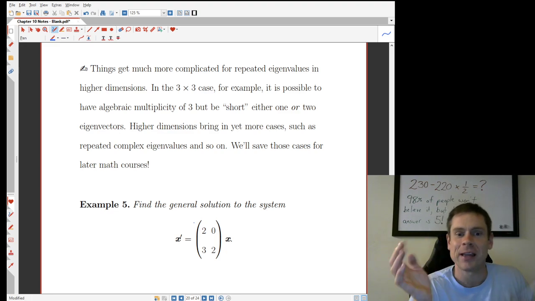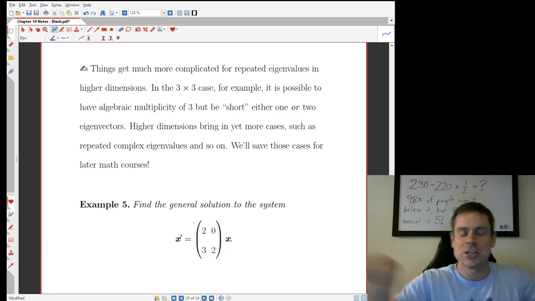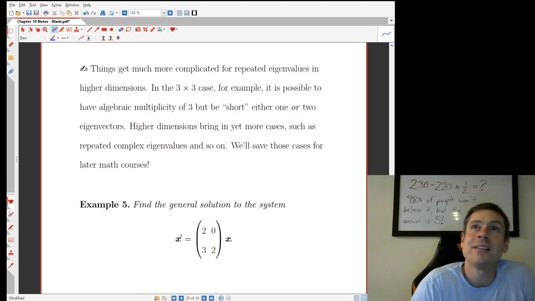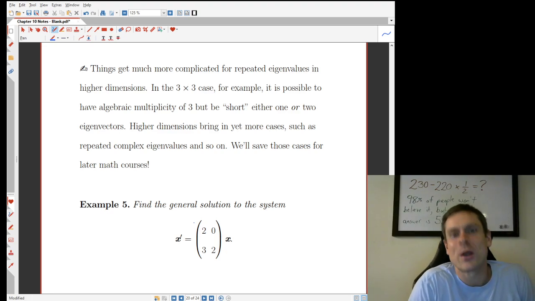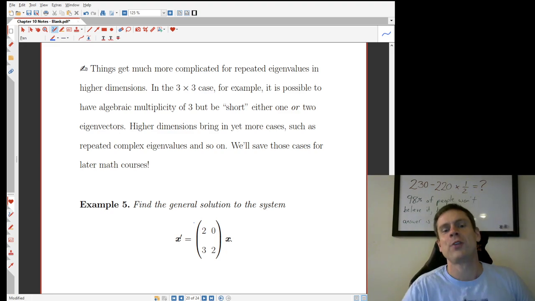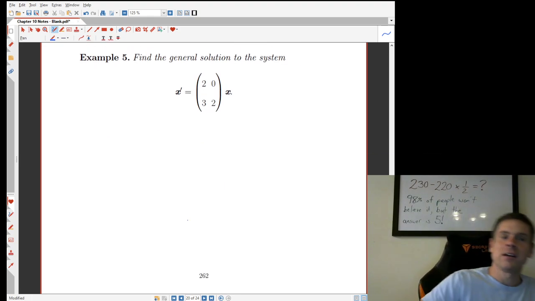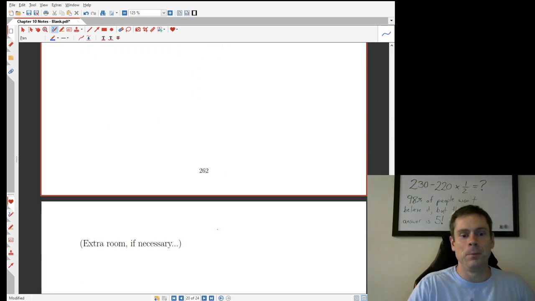And in that you get some sort of a t squared e to the t term, but it's in combination with other things and so on. I've had some extension questions in the past that have explored this a little bit simply by considering a system of equations and getting students to write out some things and figuring it out. And it's been kind of cool to explore some of that stuff. But for now, we'll concentrate on basics and deal with this example down here to round out the chapter.